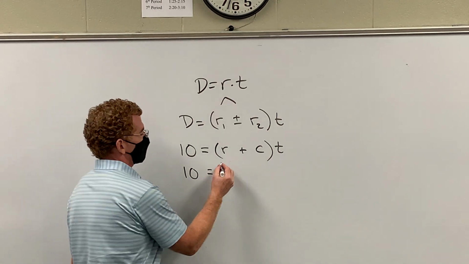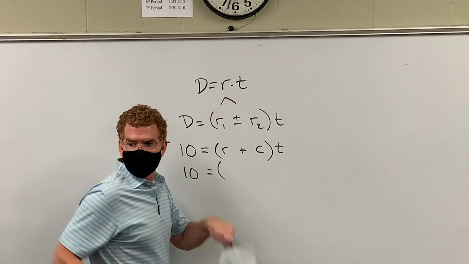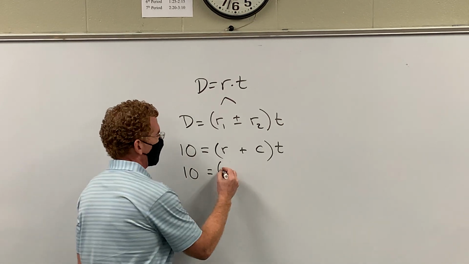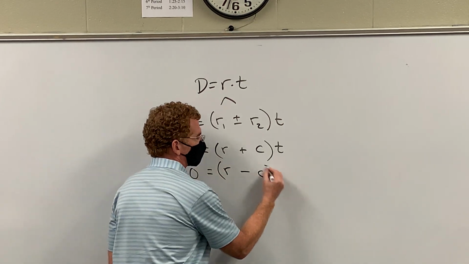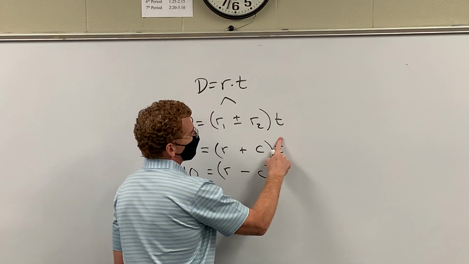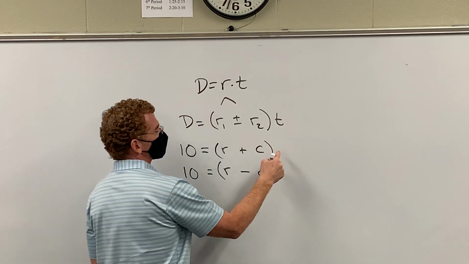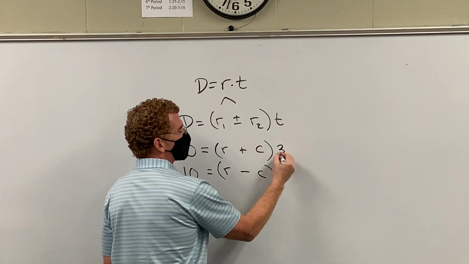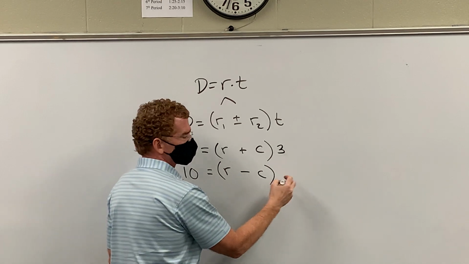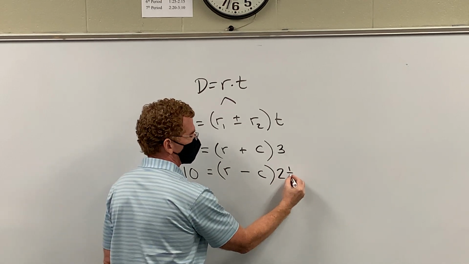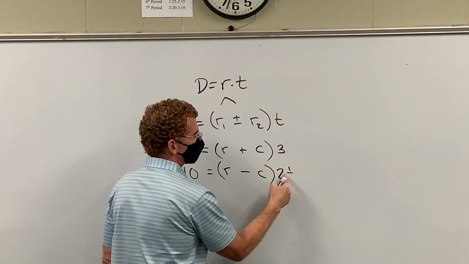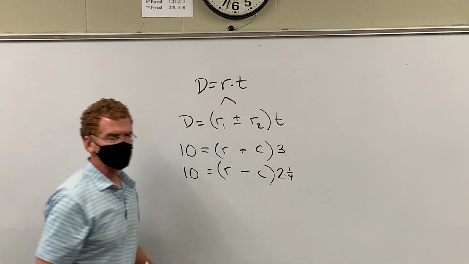Now what? I'm still paddling at the same rate, right? Or assume I am. Same rate. But I got to go against the current. Okay? And by the way, maybe I did give you times. Maybe I told you, hey, he's going to do that for 3 hours, and he's going to do that for 2 hours and 15 minutes. And 15 minutes would be what, a fourth of an hour?